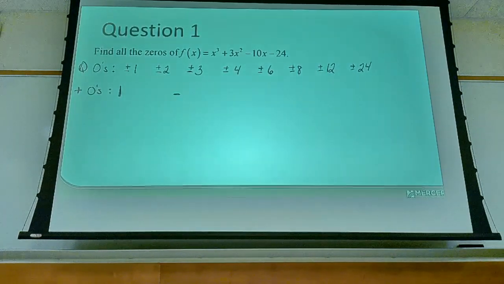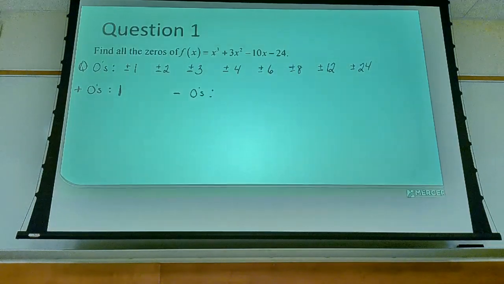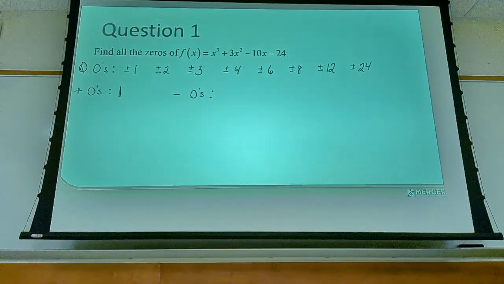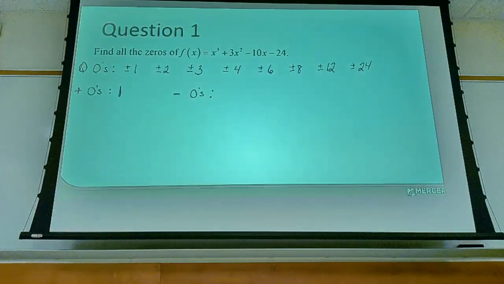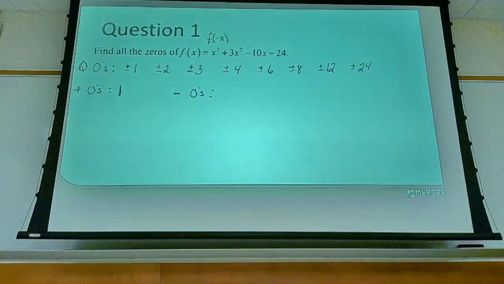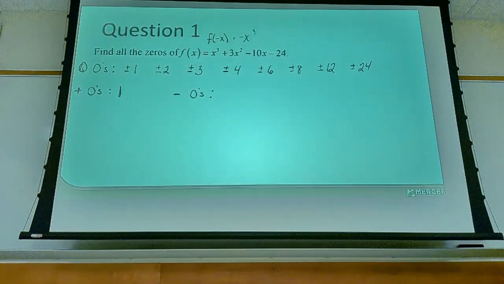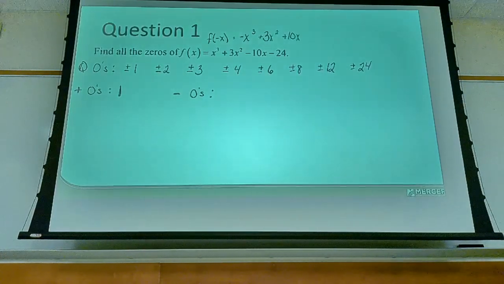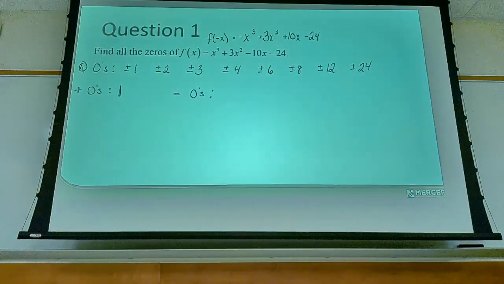For the negative zeros, you want f of negative x. Just replace x with negative x. All of your odd powers will switch sign.